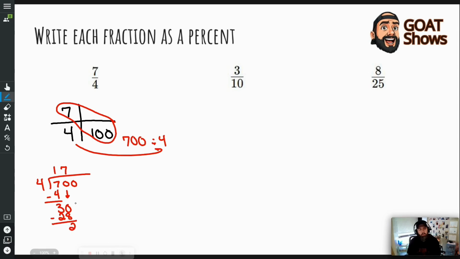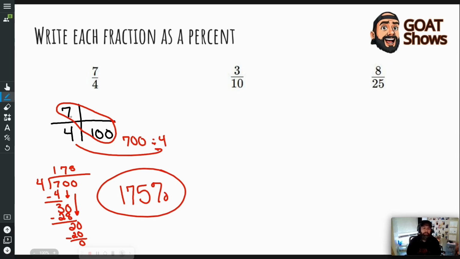Subtract, you get 2. Drop down the 0. 4 goes into 20 5 times. 4 times 5 is 20. Subtract, you get a remainder of 0 with no more numbers to drop down. We are left with 175%. That's going to be your answer for that one.